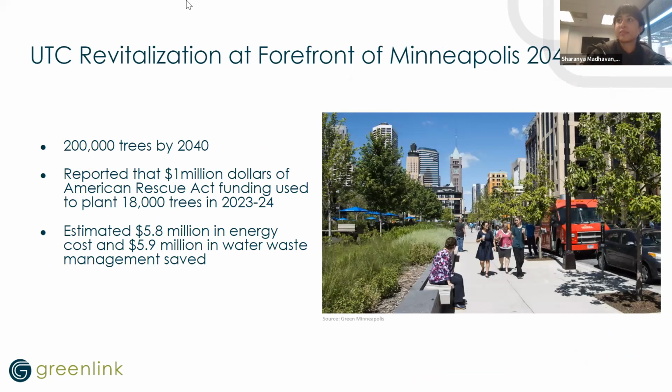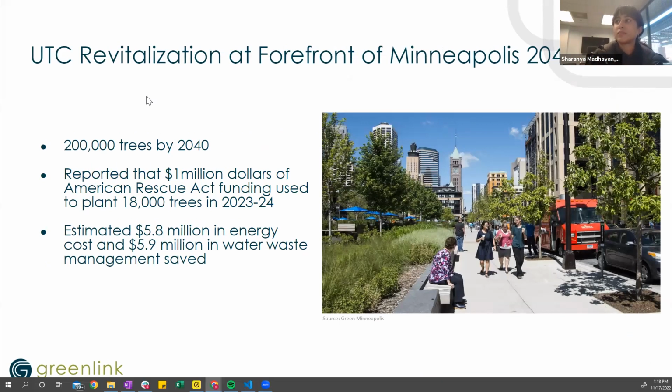Sure. I think we may have some Minneapolis folks in the group, so forgive me if I don't have it 100%, but a place we thought would really benefit from UTC in this new data is Minneapolis and their 2040 plan.